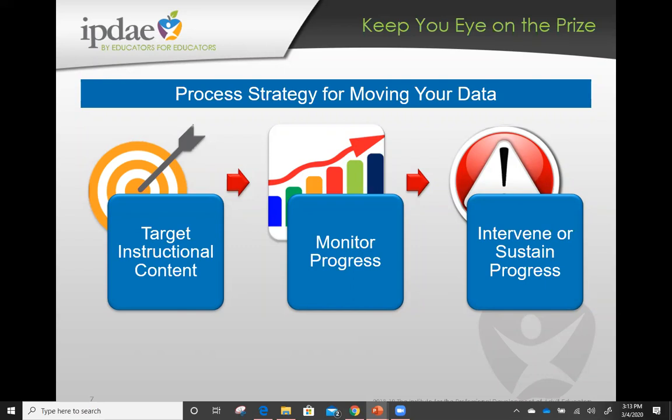I'm quite sure monitoring progress, intervention and remediation, and the curriculum frameworks and the college and career readiness standards are already in place. What we're showing you is a more super basic approach that you can apply at a granular level, in your classroom with individual students, small groups of students, or for your entire class.